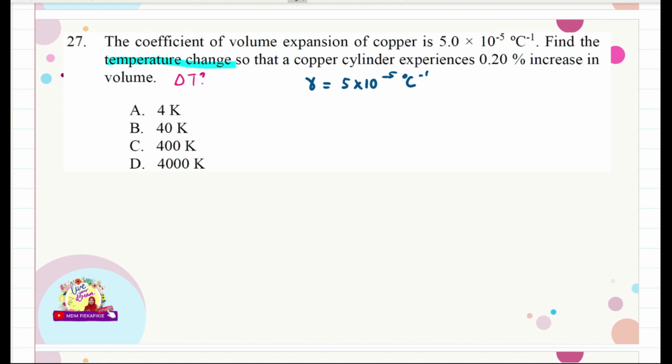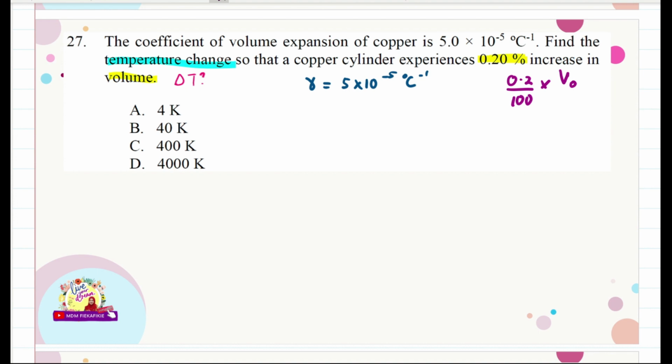So 0.2% increase in volume. Maksud dia apa tu? Maksud dia adalah 0.2% daripada initial volume. Maknanya dia suruh kita kira berapa temperature change delta T bila mana the copper cylinder mengalami peningkatan volume sebanyak 0.2% daripada its initial volume.